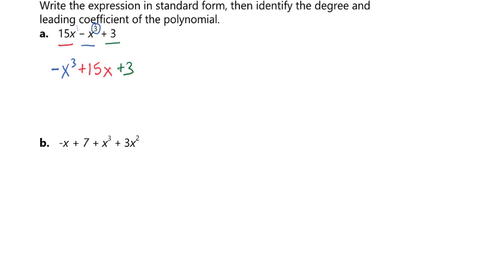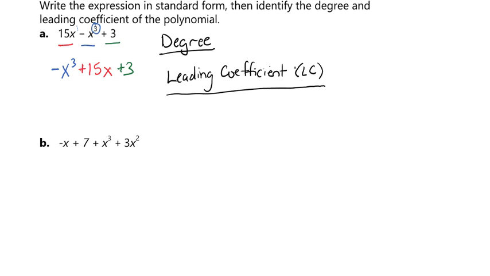The leading coefficient, well, let's do the degree first because that helps us know what the leading coefficient is. So we have our degree, and the leading coefficient, and sometimes that's written as LC.